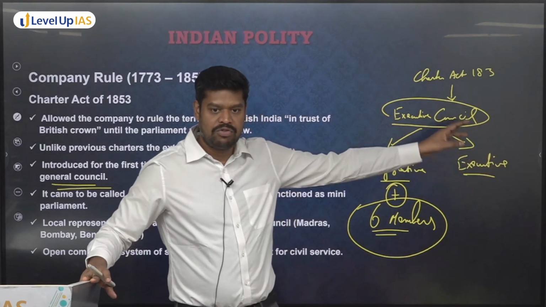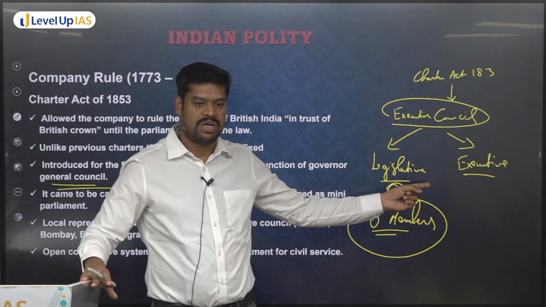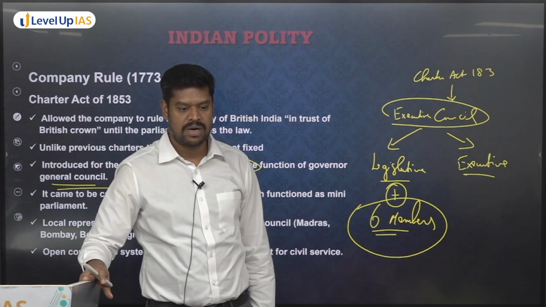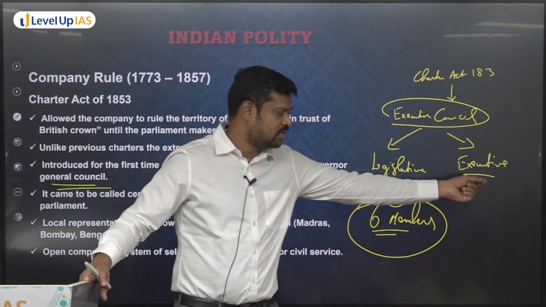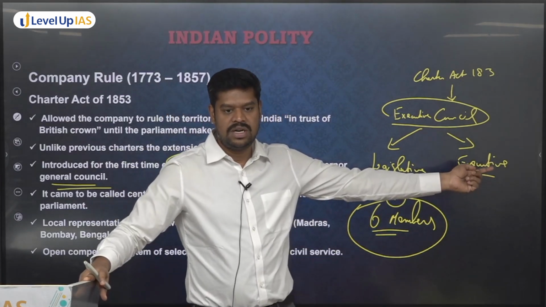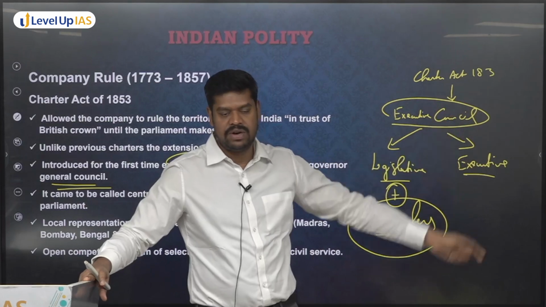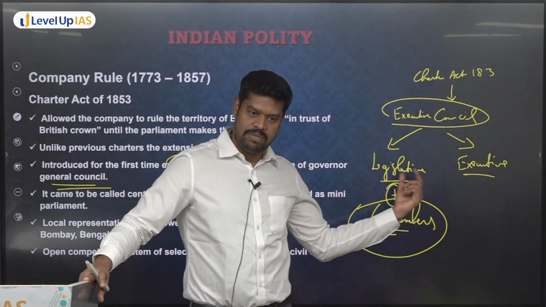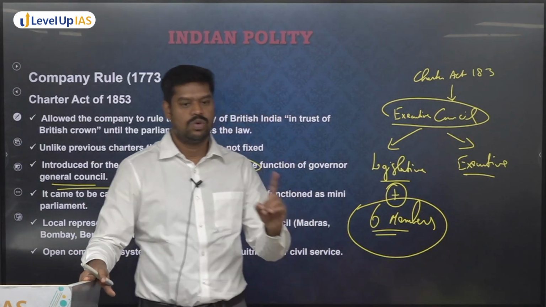That means when they met for the executive functions, they would not be part of it. They would be part only of the legislative functions. They have no role with regard to the executive decisions that the Governor General in Council takes. So this is one major thing.